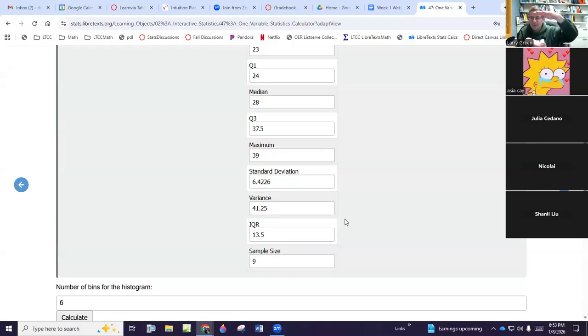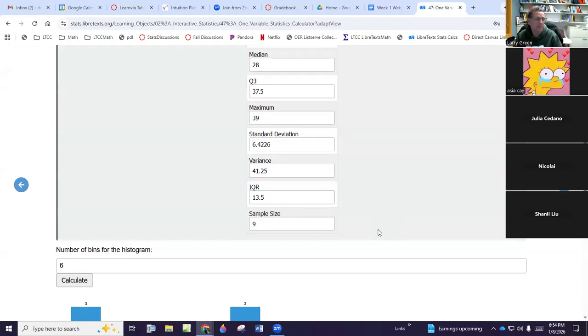Does that make sense? And that is a spread of 13.5 years old in this case. It's very important, by the way. This is going to be a big part of what we're doing, and you're going to have to get into that in the project, and you'll be asked questions on it.